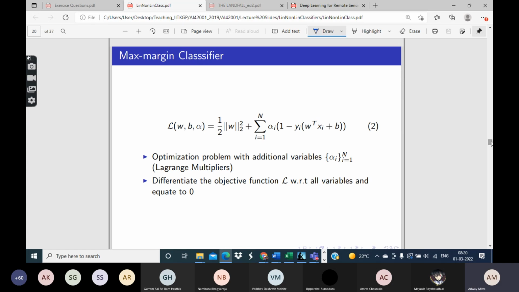Whenever we have a constraint optimization problem like this, there is a standard form for writing and solving it.